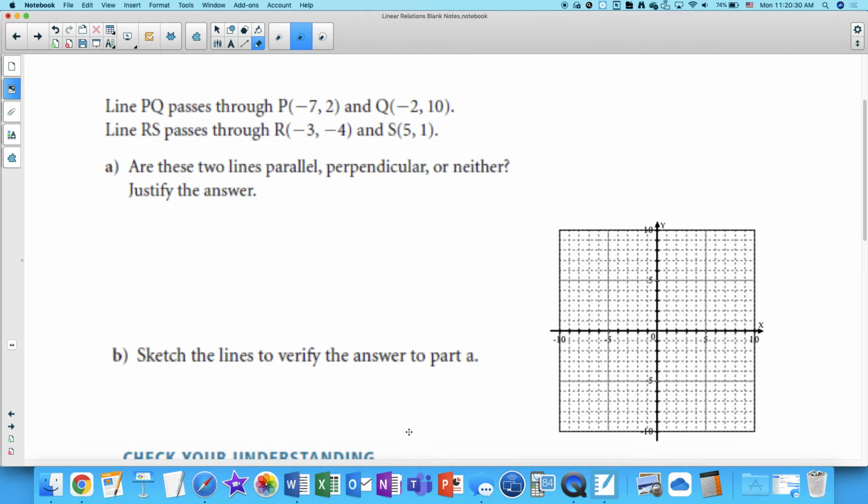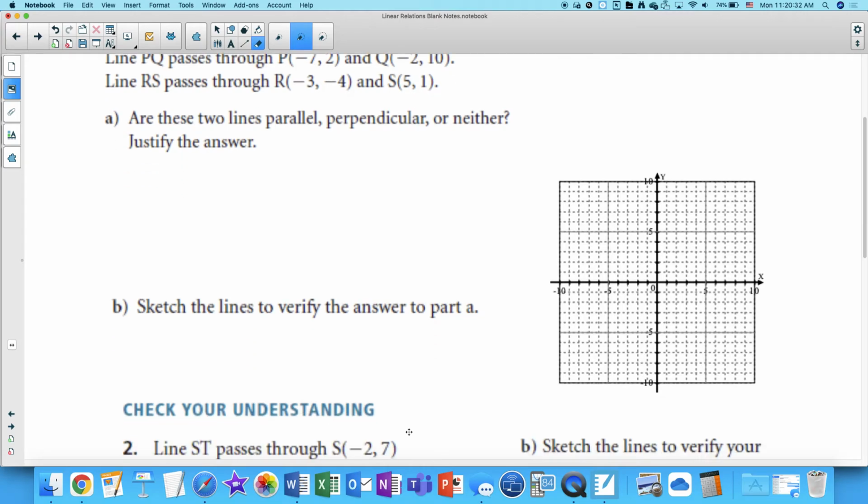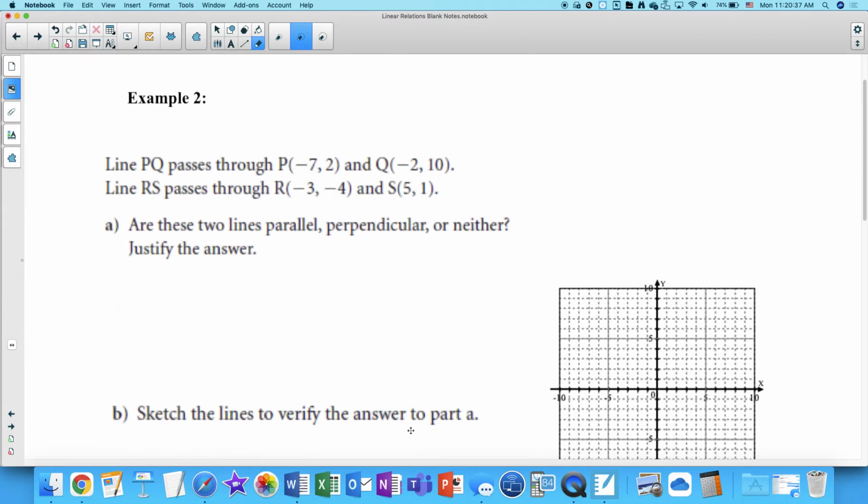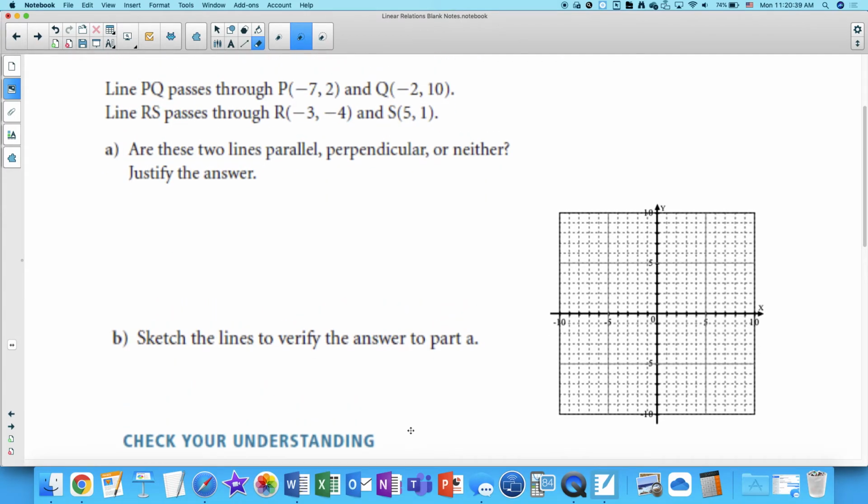Okay, let's go back to this though. Are they parallel, perpendicular, or neither? We can always tell from the slopes. So we are going to calculate the slopes of these two lines. The slope of PQ is, if this is x1, y1, x2, y2, y2 minus y1 is 10 minus 2, x2 minus x1 is -2 minus -7.